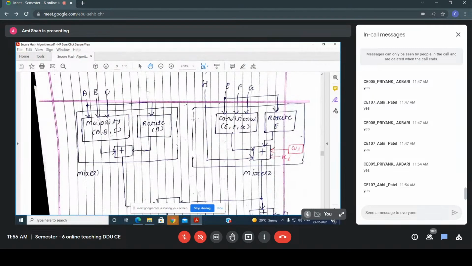Right? I have explained how to find the majority, how to find the rotate operation, how to find the conditional. So first of all, any bits A, B, C are given to you.